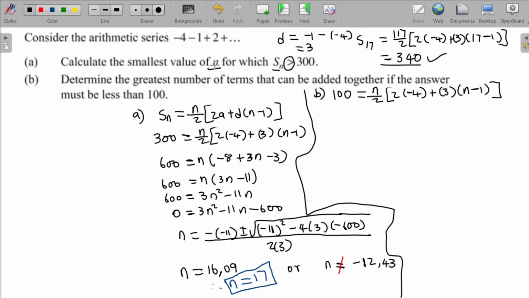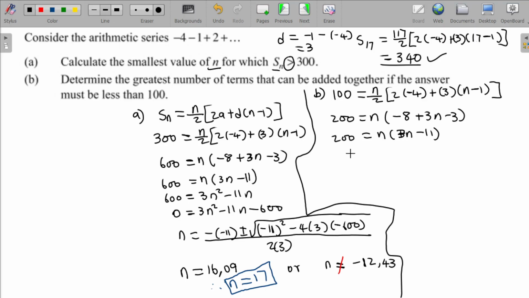Cross multiplication again, 100 times 2 gives us 200 is equal to n into negative 8 plus 3n minus 3, and then 200 is equal to n into 3n minus 11.